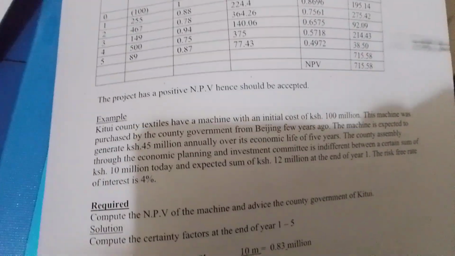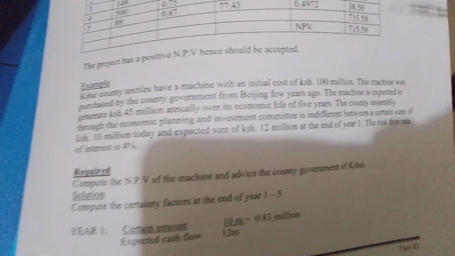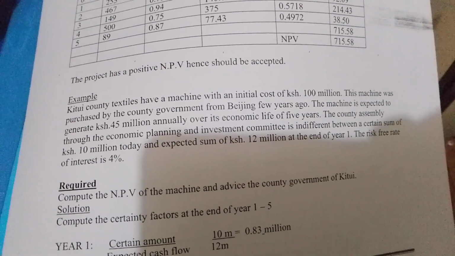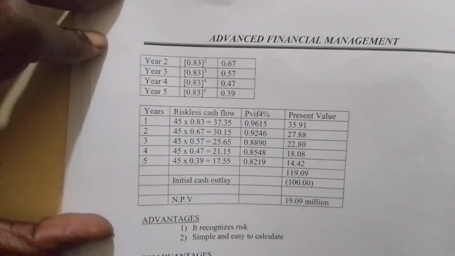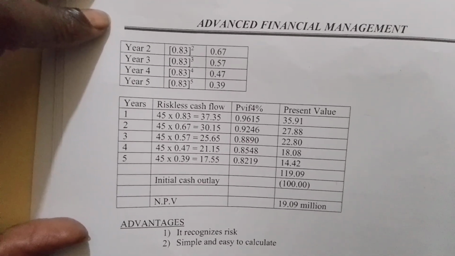Yes, we're being told the machine is expected to generate shillings 45 million annually over its economic life of 5 years. So that is where 45 is coming from. We are taking this 45 for these 5 years.